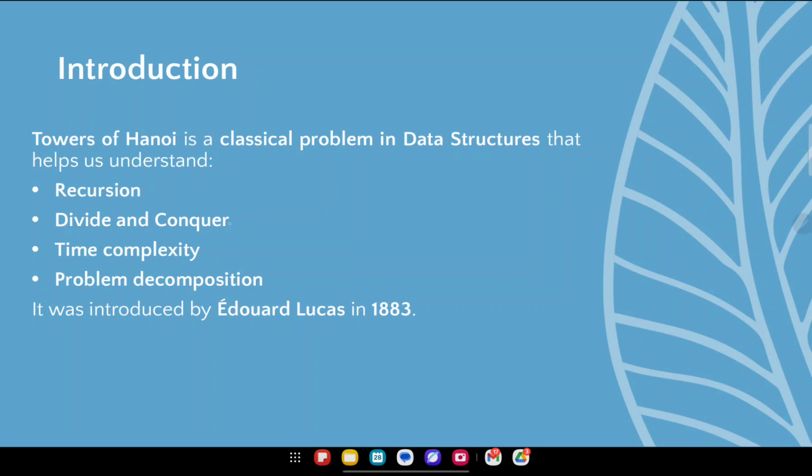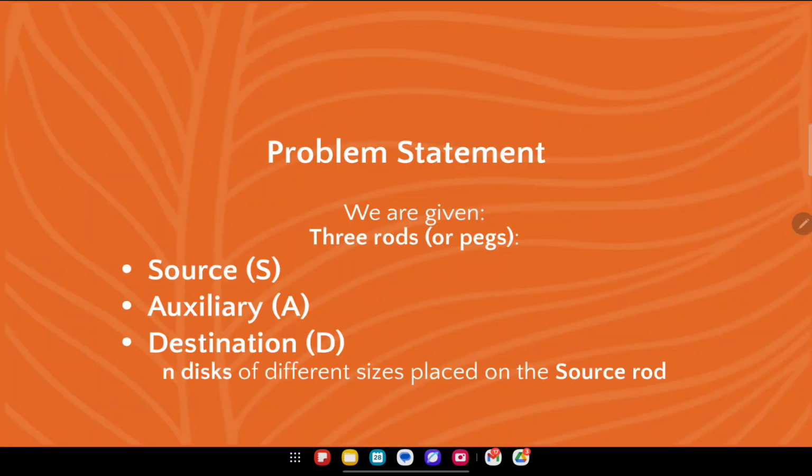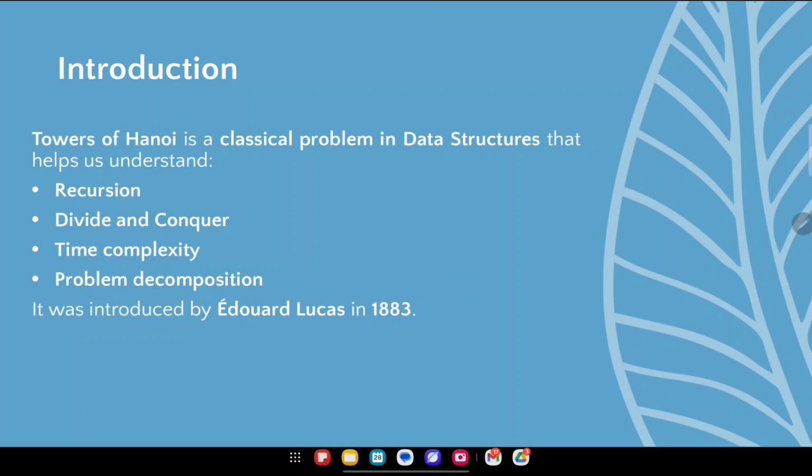It also introduces us to the divide and conquer approach, where a big problem is broken into smaller problems. Through Towers of Hanoi, we will also understand how a problem is decomposed step by step, how a recursive function call works, and how time complexity grows exponentially.